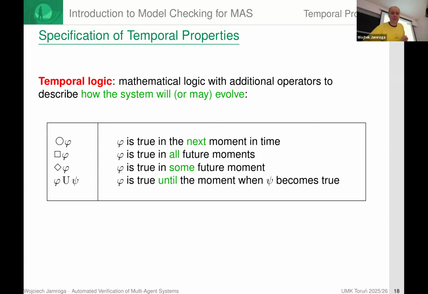Then the circle calls for the next moment, but does it concern all the other moments? Not necessarily. It could be false. It could just blink for a moment.